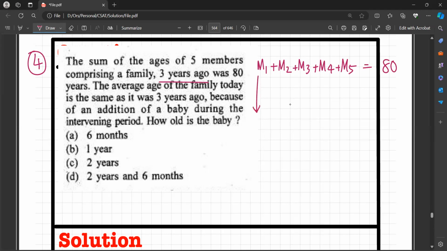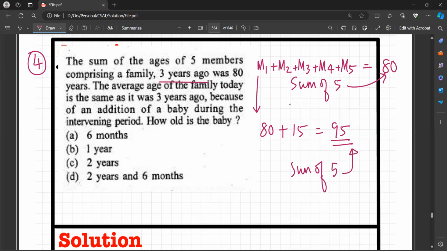So 3 years later, their sum would be what? 80 plus each will grow by 3 years, 15. So their sum will be 95 years. Earlier sum of 5 members was 80 years. After 3 years, the sum of 5 members will be 95 years. The average age of the family today is the same as it was 3 years ago. How can it be possible?